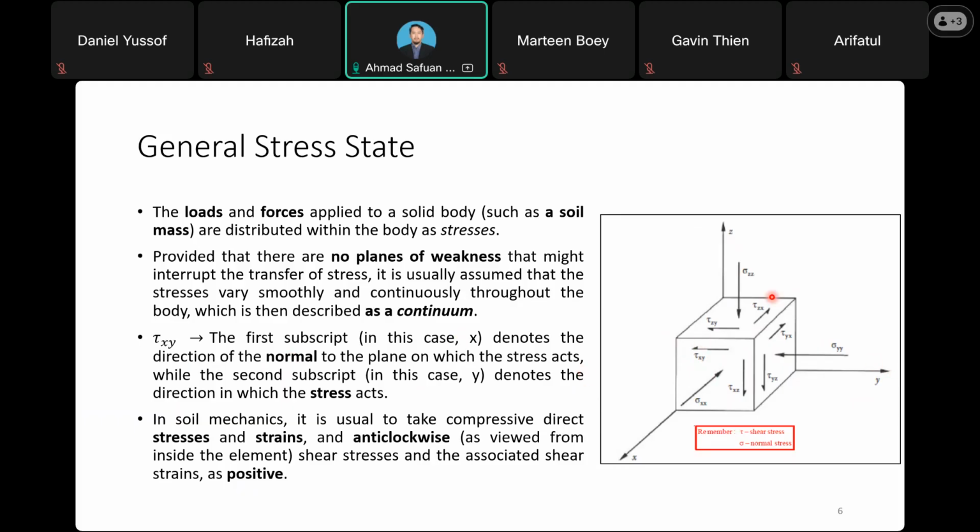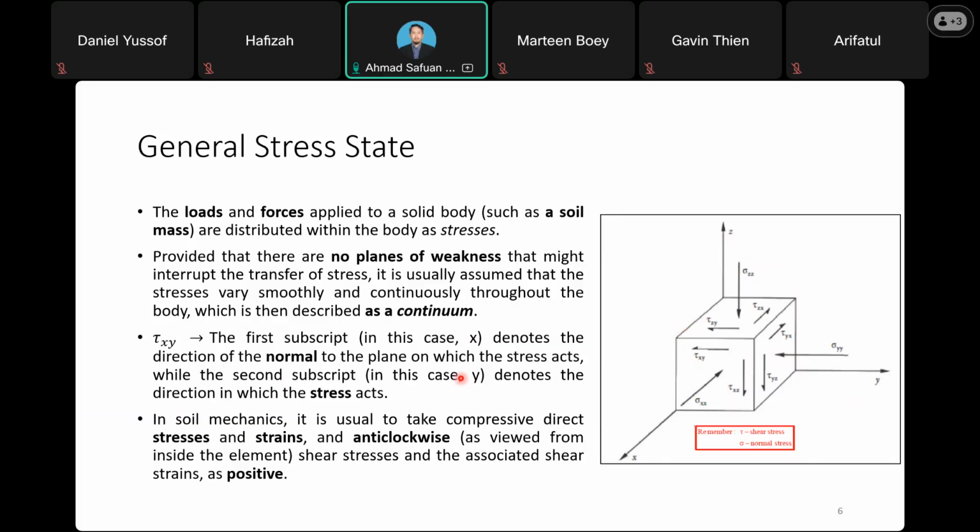Usually for the normal stress, it will act on the same axis. However, for the shear stress, it will act on the normal plane, which is perpendicular to the direction of the axis and parallel to the other side of the axis.